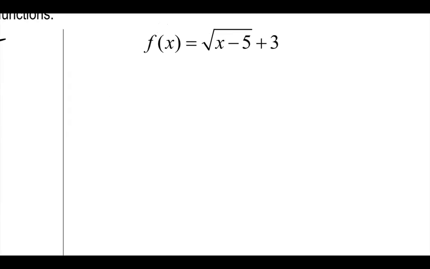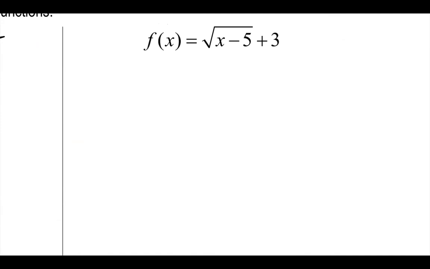I want you guys to try this one. Give me the inverse. What is the inverse function of this guy going to be?